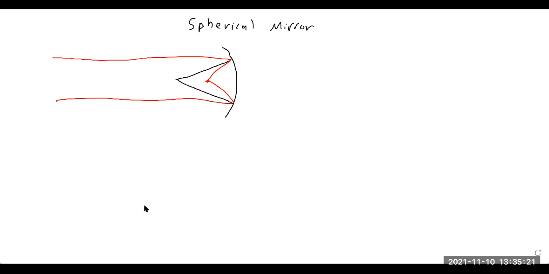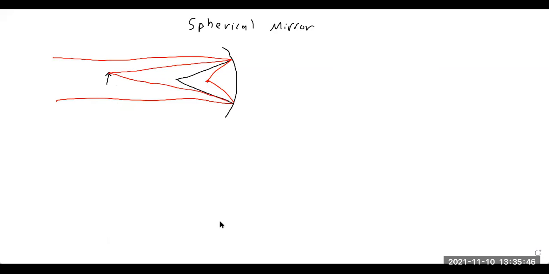Because if you have something which is close, light coming off of it isn't parallel.